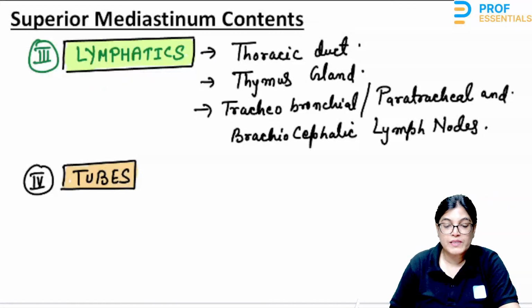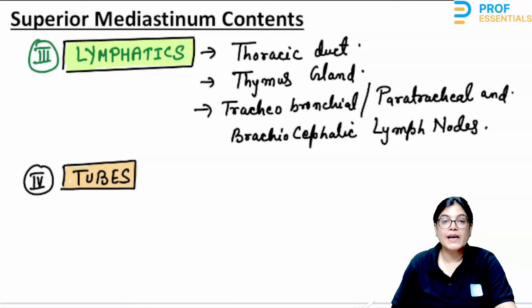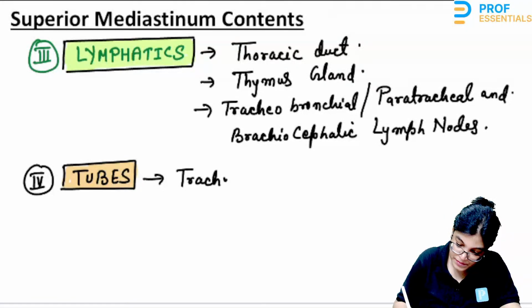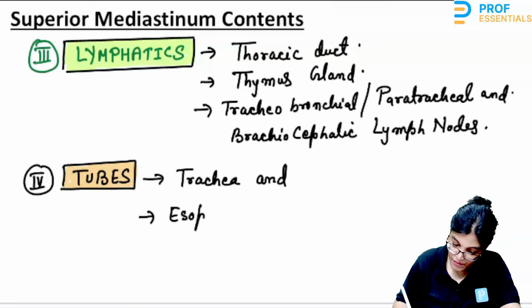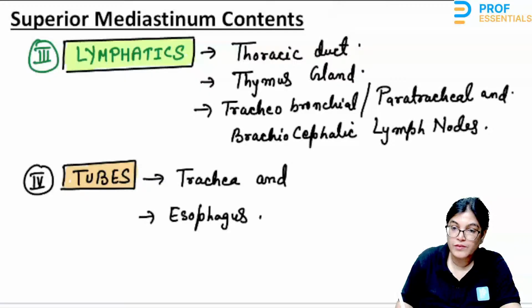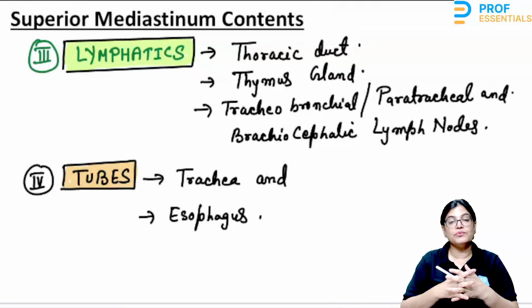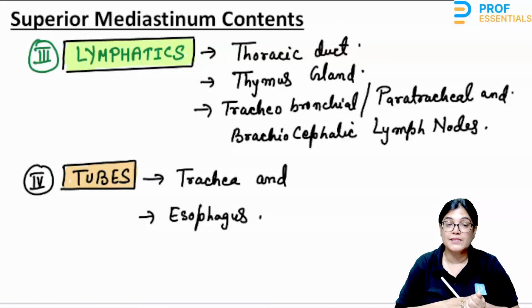What are the tubes which are residing? We will have two tubes residing, the trachea and esophagus. Other than that, we will have a few nerves and we will have muscles residing there.